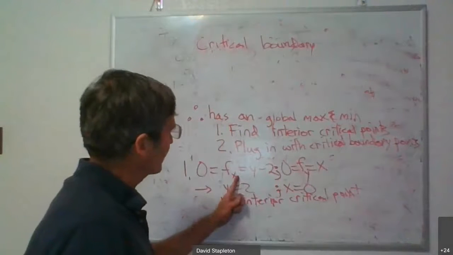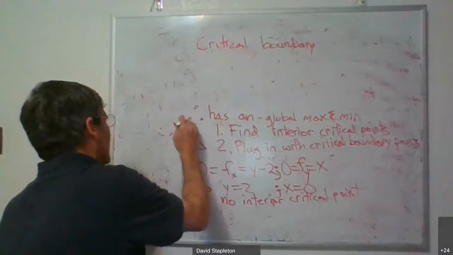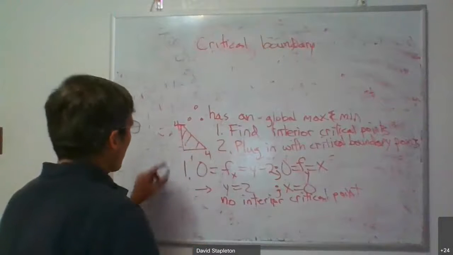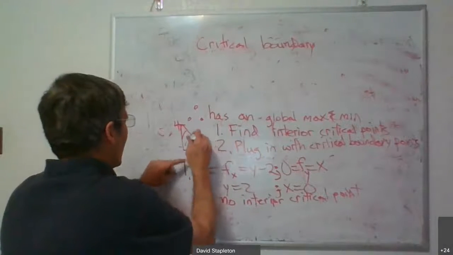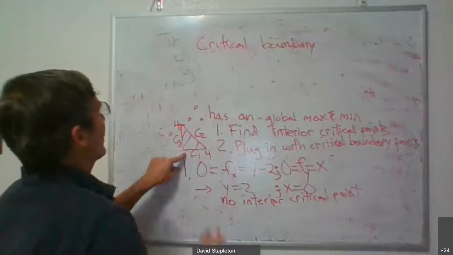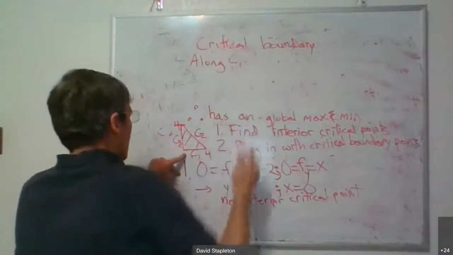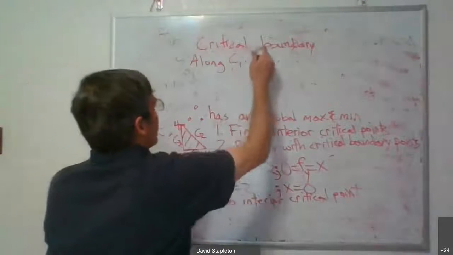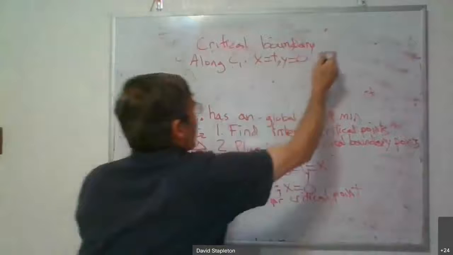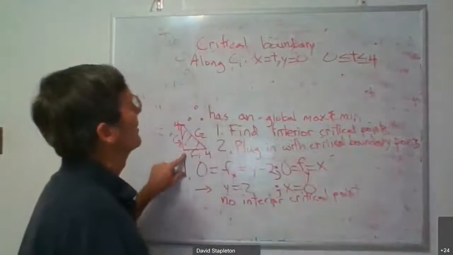What you have to do is write parametric equations along each boundary. Here was the boundary. It was this triangle. It went up to 4 on the y-axis, 4 on the x-axis. That looked like that. So if I call this C1, and I call this C2, and I call this C3, when you say parametric equations along C1, I can put x equals t and y equals 0, and let t run from 0 to 4. That's a really easy way to do it. You can do it a different way, but that's the easiest one I can think of.